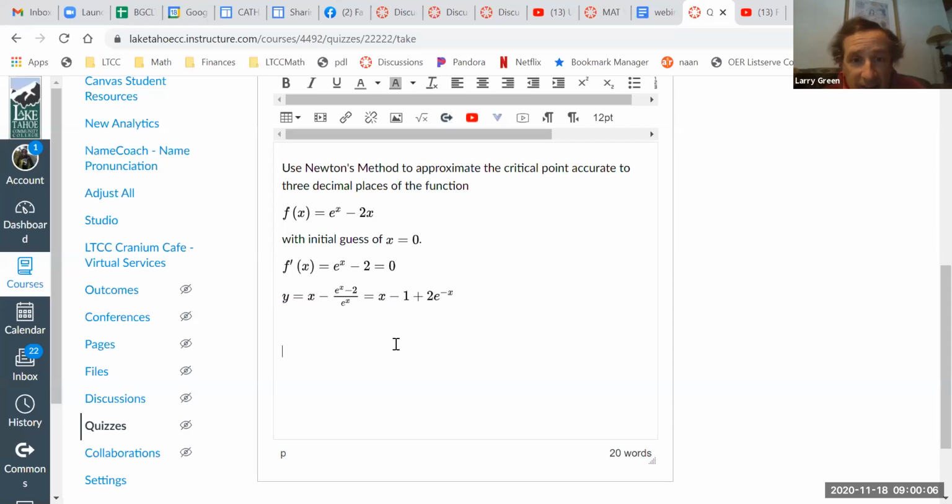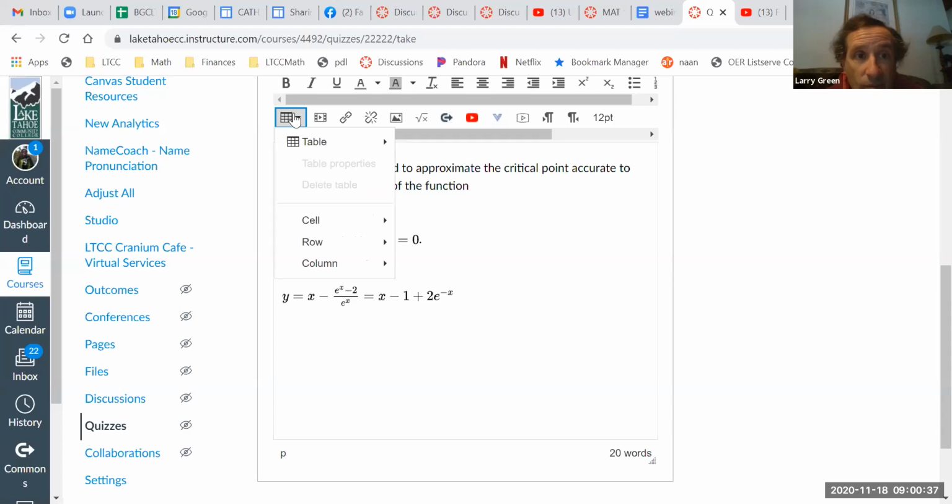Okay, again, it's not necessary to do it, but it's just going to save us some time in the typing out the numbers. Any questions at all so far on getting this kind of what I call Newton's method function, which is y equals x minus 1 plus 2e to the negative x? Okay, then what I'm going to do is make a table.